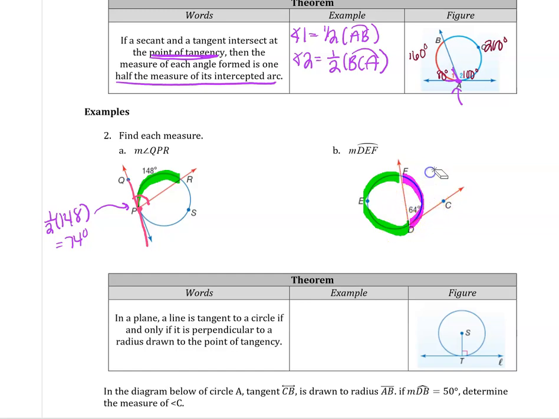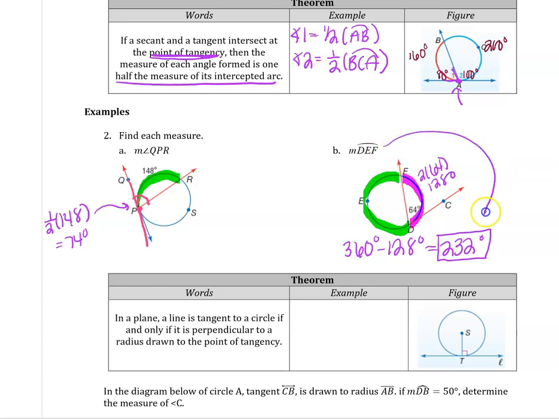This means that I can double 64, and that gives me 128. Now, we know that there's 360 degrees in a circle, so I can subtract 128 degrees, and that would give me 232. And that's the measure of DEF.